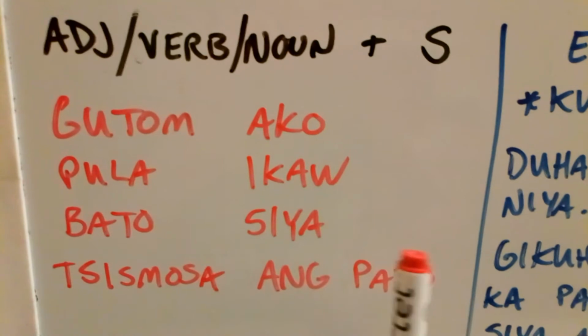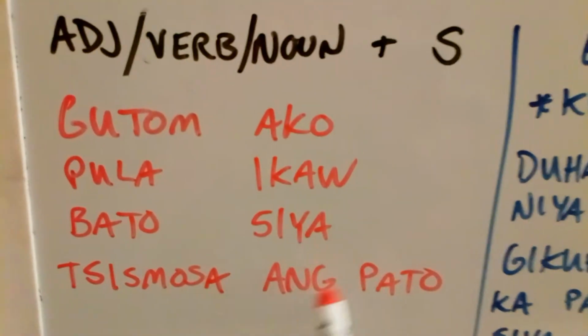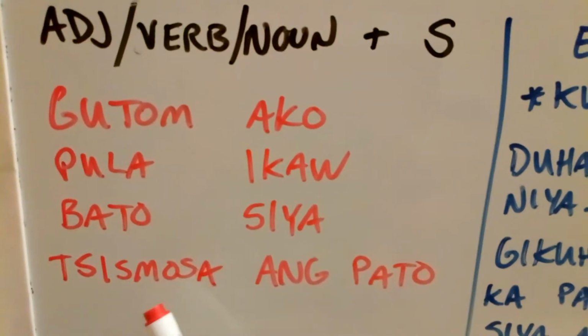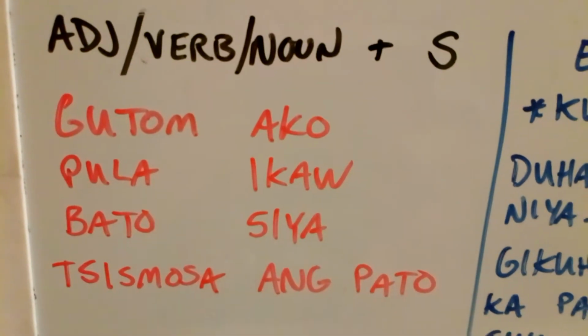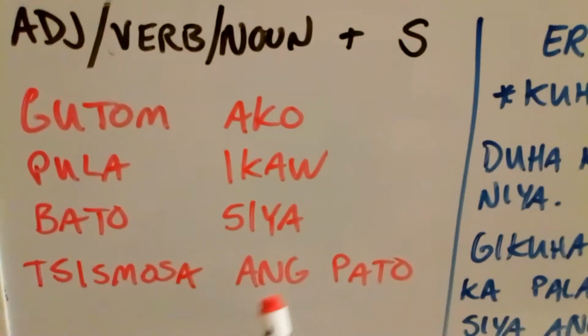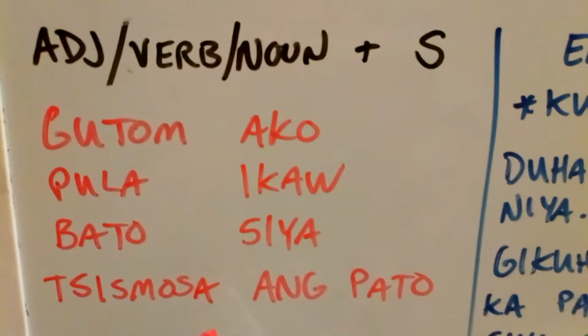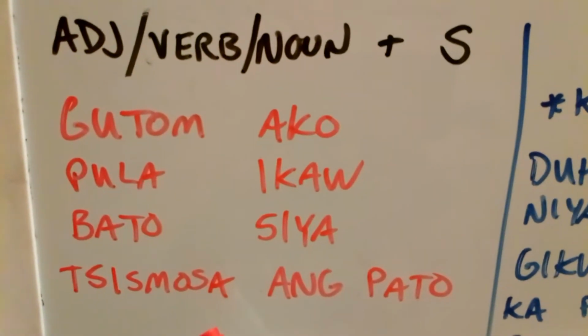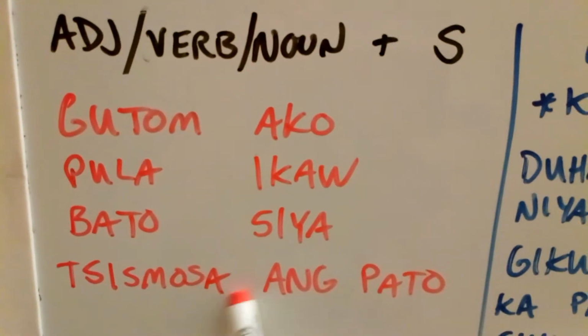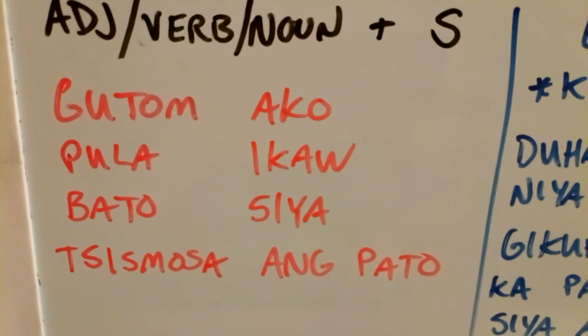And if we're not talking about pronouns, we need to have this absolutive marker. So chismosa ang pato. The duck is gossipy. Chismosa is like someone who gossips a lot. It's an adjective. So in this sentence, chismosa ang pato.